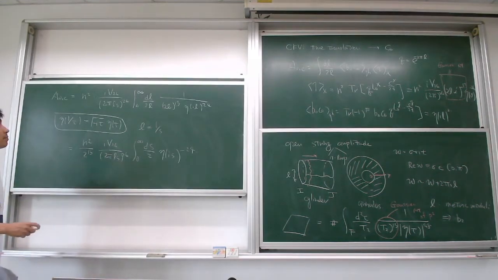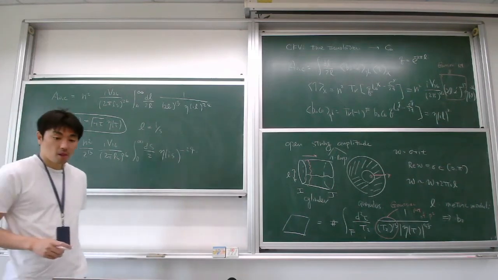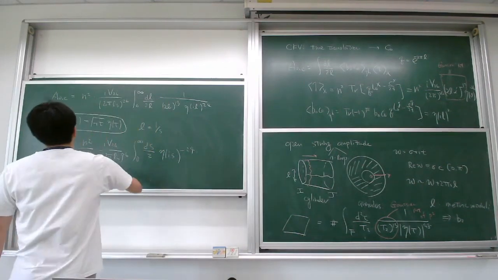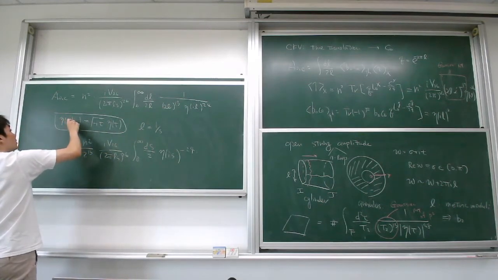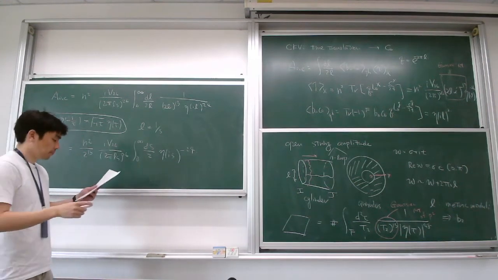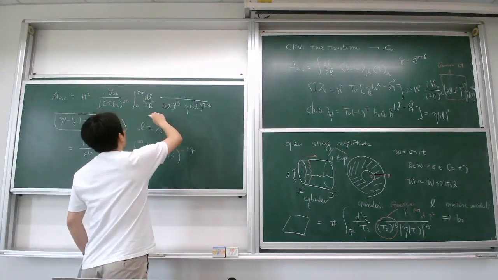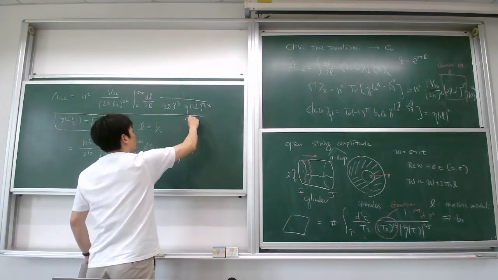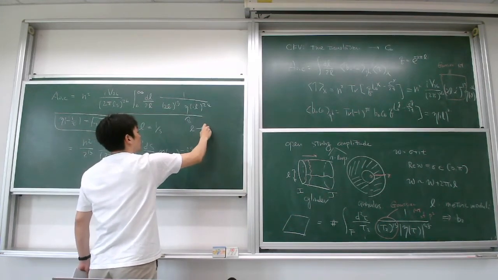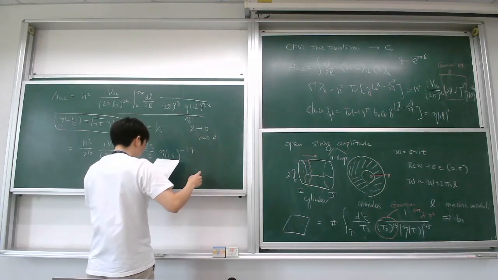And clearly, sorry, I think I should put the minus. So clearly you can easily see that L goes to 0 has a divergence. Am I correct?